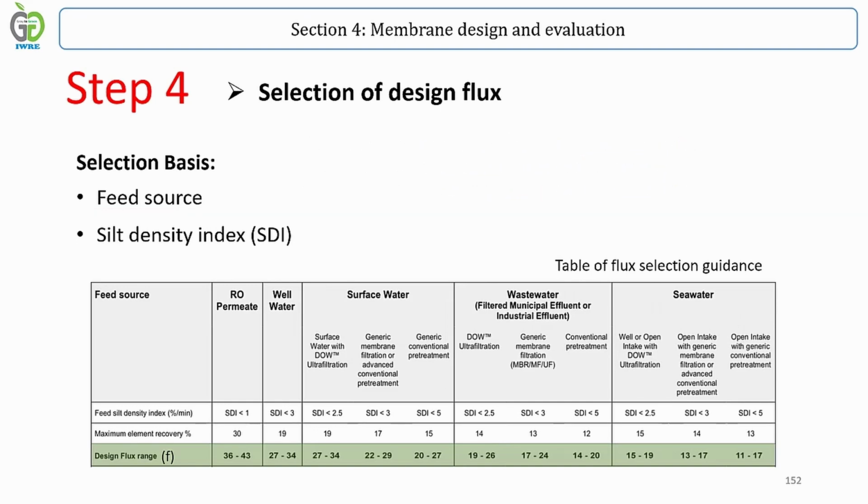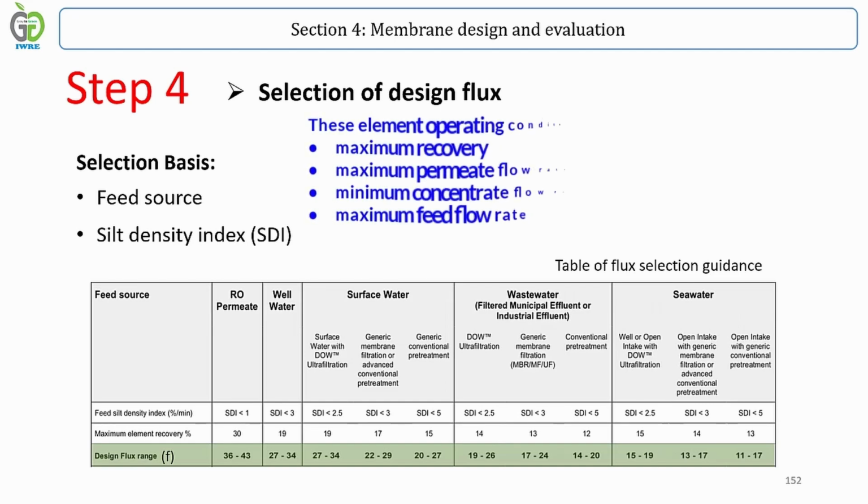A system with high permeate flux rates is therefore likely to experience higher fouling rates, requiring more frequent chemical cleaning. A membrane system should be designed such that each element of the system operates within a range of recommended operating conditions to minimize the fouling rate and to help avoid mechanical damage.